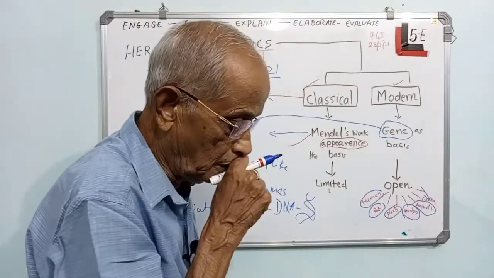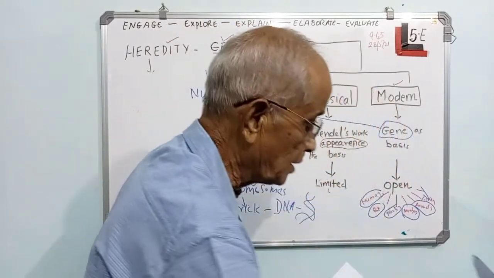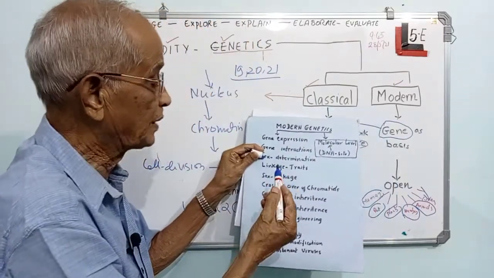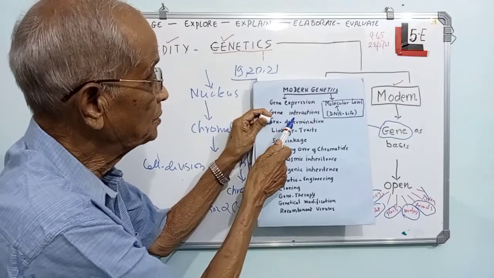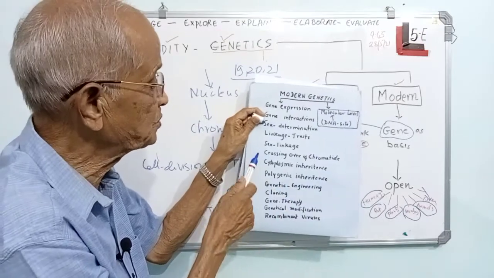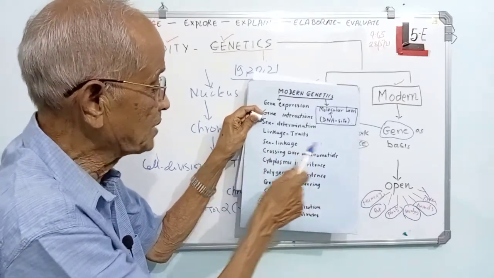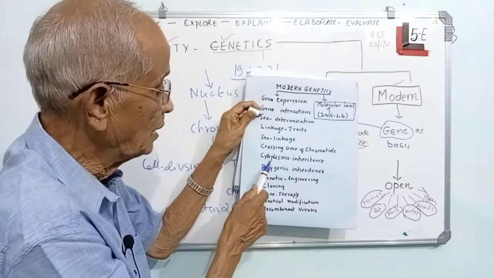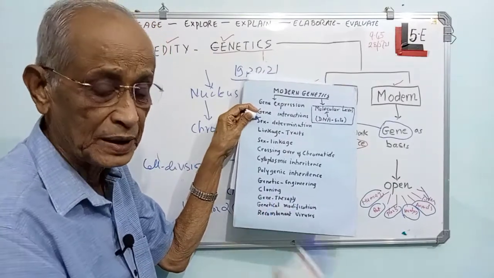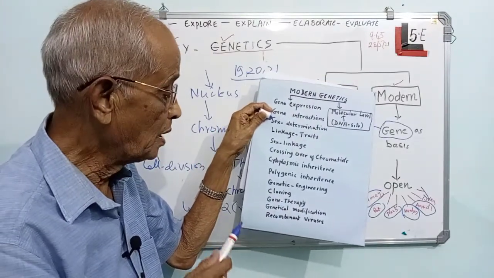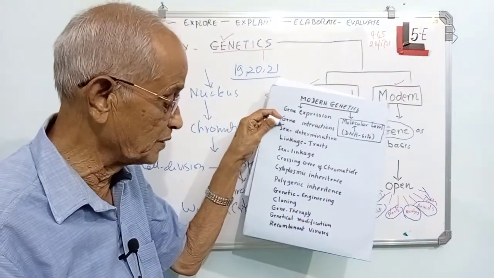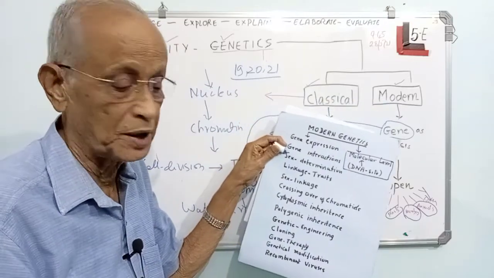So today in modern genetics, we can study gene expression, gene interaction, sex determination can be taught using the genes, linkage of traits, sex linkage, crossing over of chromatids, cytoplasmic inheritance, polygenic inheritance, genetic engineering or recombinant DNA, cloning can be done, gene therapy is possible, genetic modification is possible, and recombination of viruses is taking place.